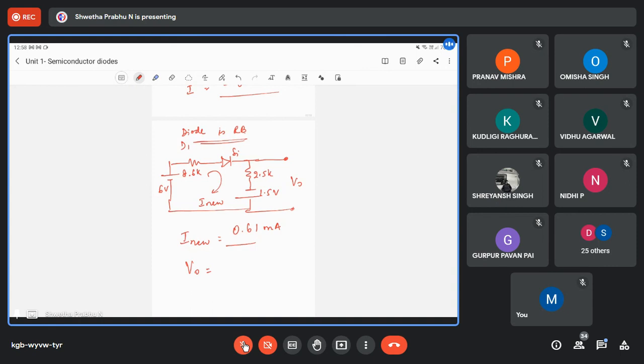Guys, is it over? How do you find the output voltage? It is minus 1.5 plus 2.5K multiplied by I new.